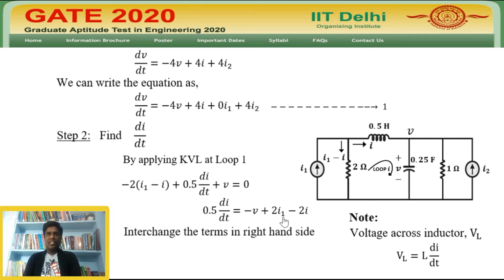Next, interchange the terms plus 2I1 and minus 2I on the right hand side. Then the equation will be 0.5 into di by dt equal to minus V minus 2I plus 2I1. Next, shift 0.5 to the right hand side, where it takes the place of the denominator of minus V minus 2I and 2I1.